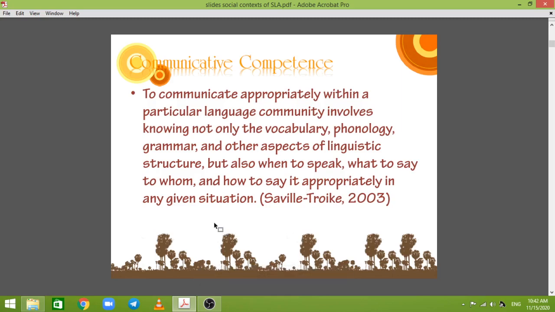So it goes beyond the aspect related to linguistic structure, everyone, because in communicative competence, based on this definition, we need to know what is appropriate in terms of when, what, to whom, and how for any given situation, and use it appropriately.